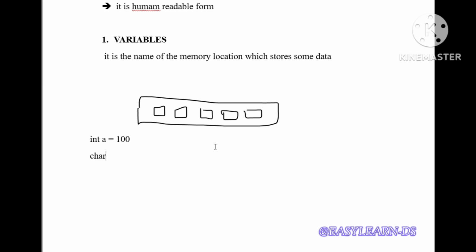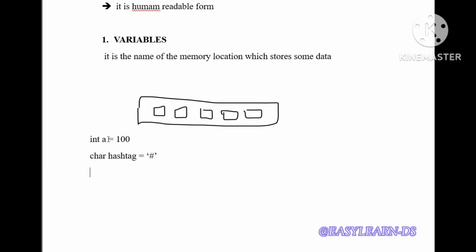Character is a type of variable where you are taking a hashtag. The hashtag is mentioned in single quotes because it is a character type.